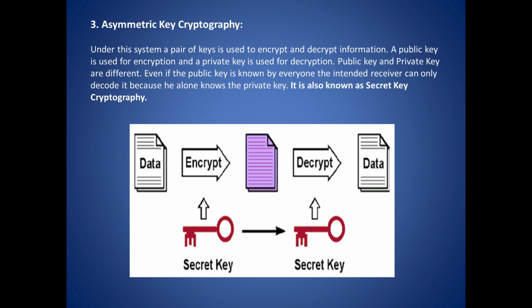So for decryption of the message, we have to know the private key, which is available with the receiver only. It is also known as secret key cryptography. So by far it is the most advanced and safe way of exchanging information via cryptography, and asymmetric key cryptography is the most secure type of cryptography.